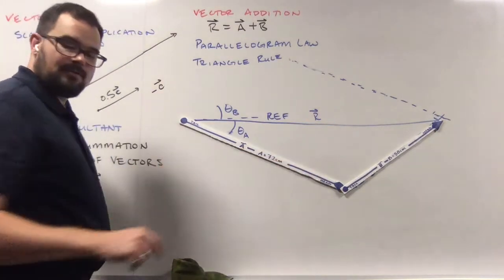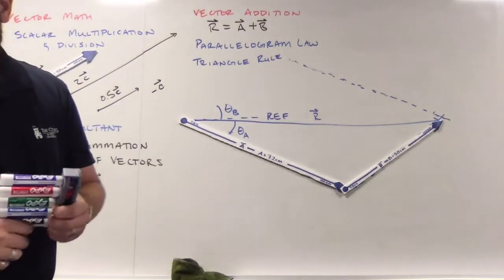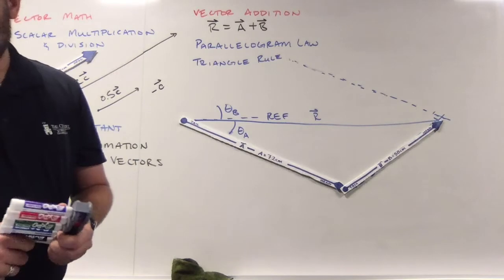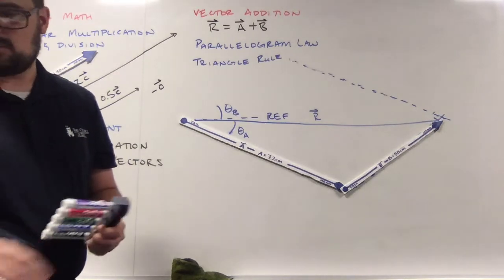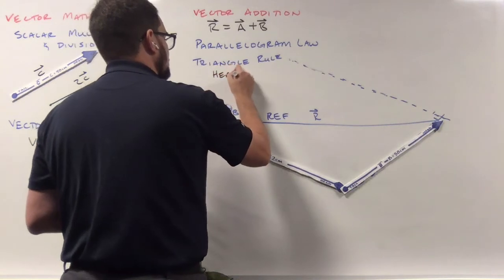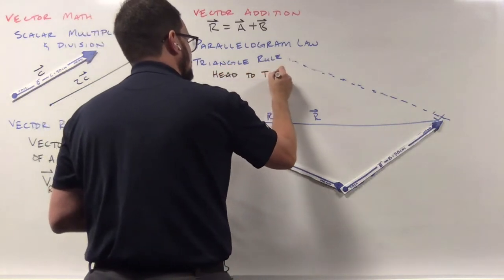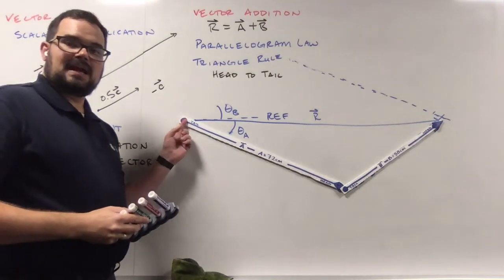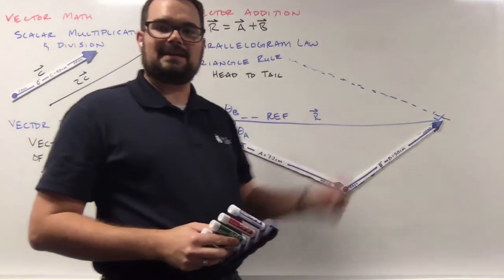And by going from head to tail, working our way along with the triangle rule, all I have to do is then connect the last tail to the first head, like so.